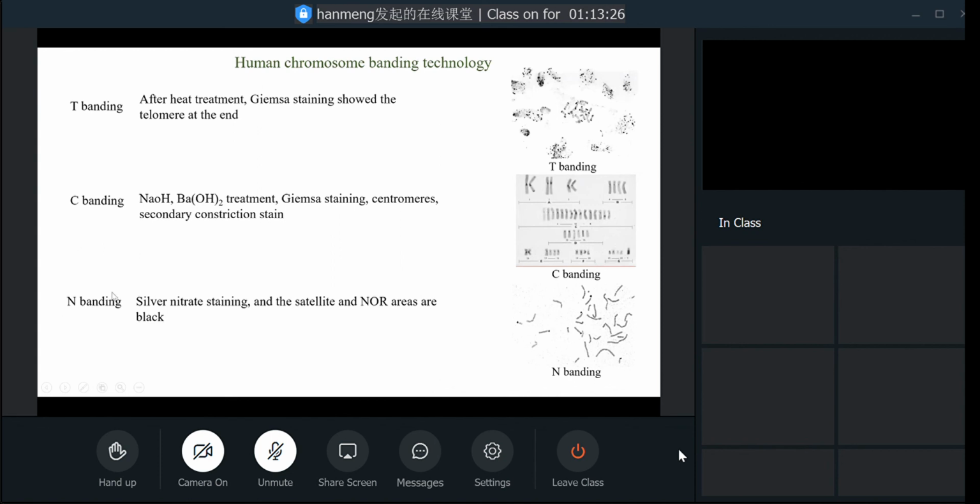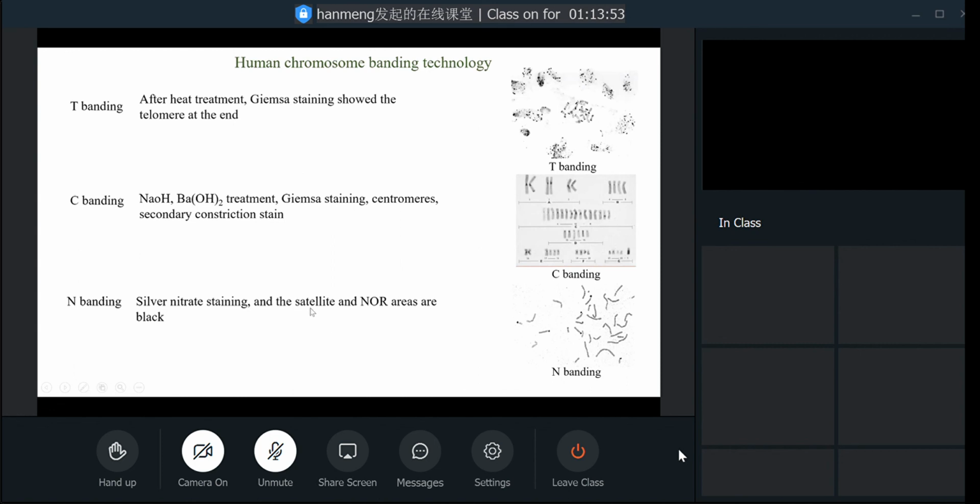And the N band uses the silver nitrate staining, and the satellite and the NOR areas are blank. So here you should pay attention. The satellite and the NOR, the nucleolus organizer region areas, are blank in the G banding technique.